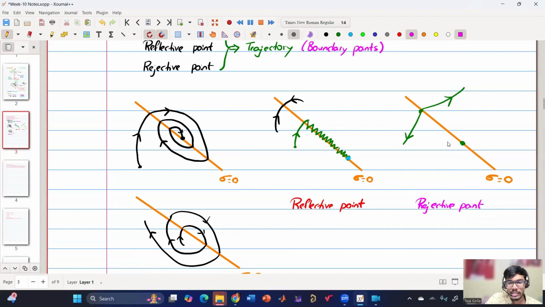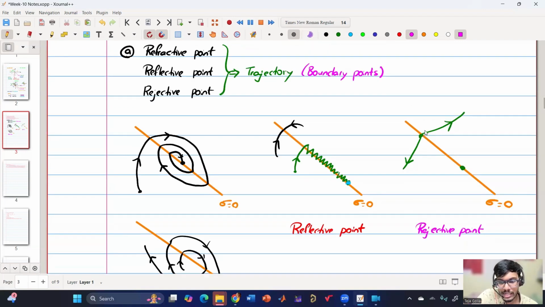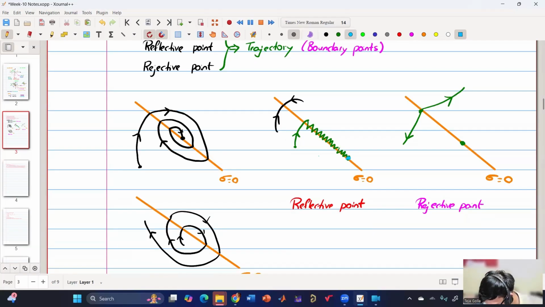Because on this side it is trying to push the trajectory away from the line, and the same is happening on the other side. With this, it will never converge to the equilibrium point. Whereas in the reflective case, it will have infinite switching frequency as discussed. Whereas in the refractive case, it will have finite switching frequency because this is on, this is off, this is on, this is off.